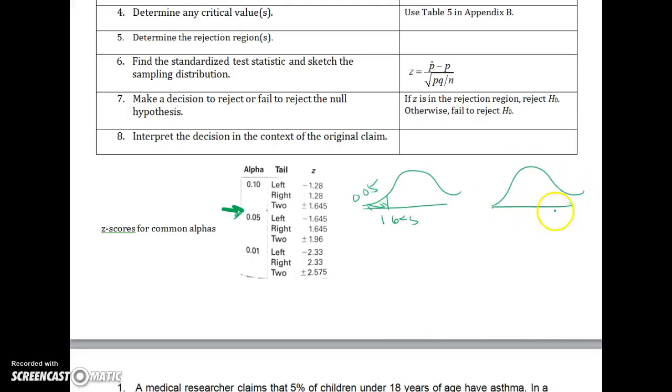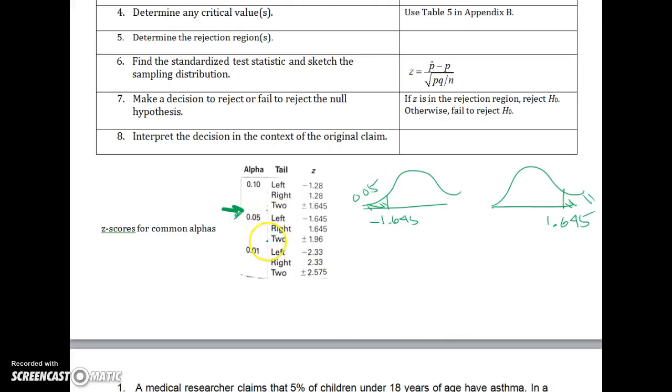If it's a right-tailed one, then the z-score would be positive 1.645. And then this would be my rejection area. So any z-score to the right of 1.645 is going to be my rejection area. Any z-score that's to the left of negative 1.645, so if I had negative 1.7, that's rejection. Anything out here is rejection of the null hypothesis.